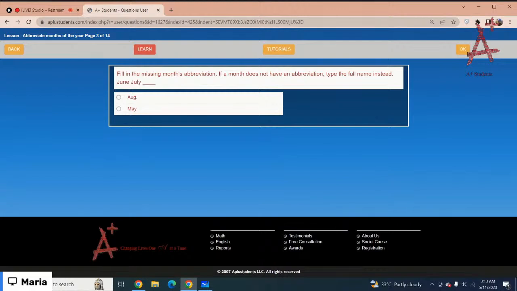Fill in the missing month's abbreviation. June, July, which is the month after July? It would be August. AUG, August. Option number one is the correct option. Right after July, you have August.